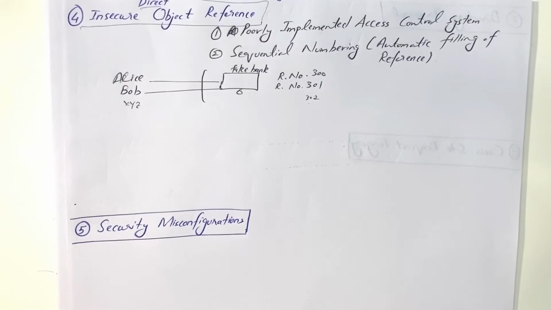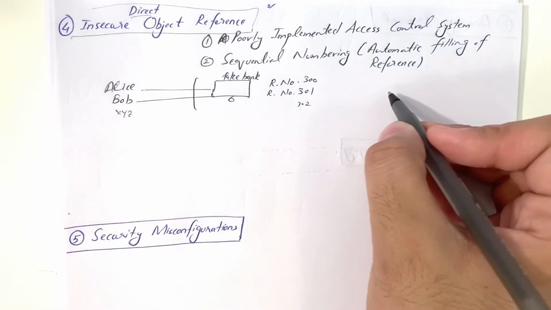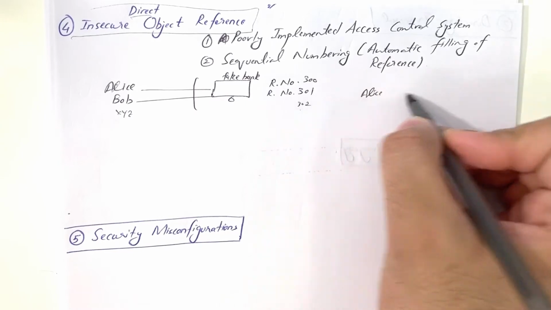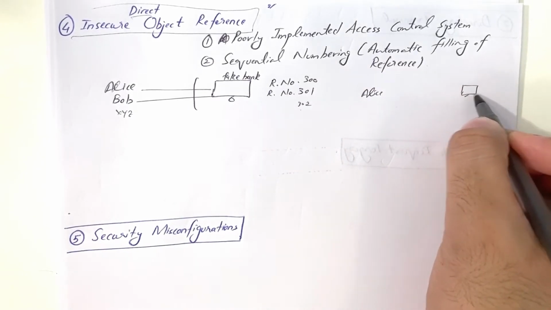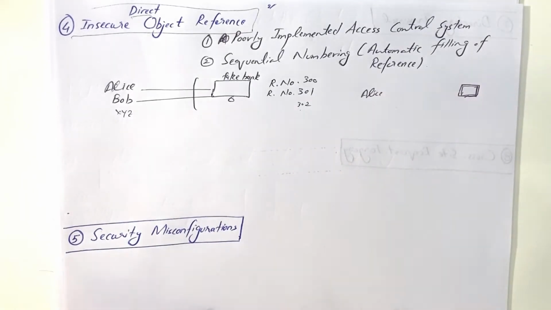Now, what is direct object reference here? When Alice logs in to her bank account, she wants to access her bank account information.